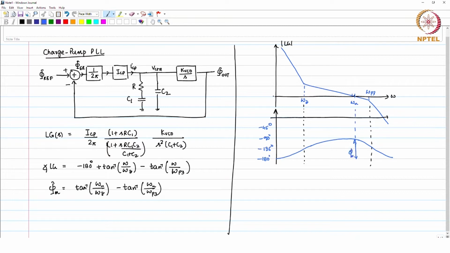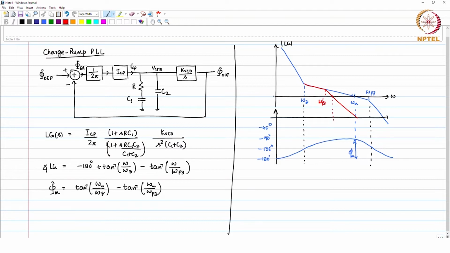I showed the other plot also where, let us say, your omega p3 location is something like this. So, you will have a pole omega p3, let us call this as omega p3 dash.